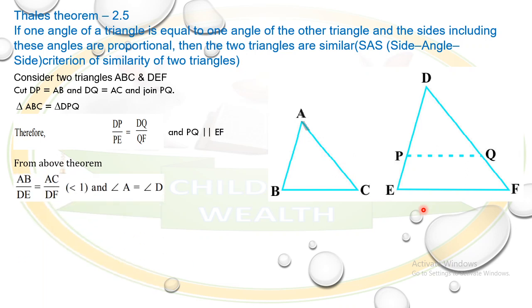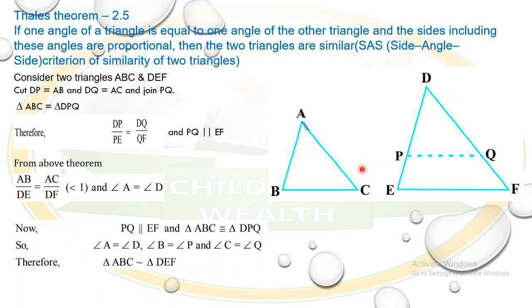From the above theorem, AB divided by DE is equal to AC divided by DF and also angle A is equal to angle D. Now PQ is parallel to EF and triangle ABC is similar to DPQ.